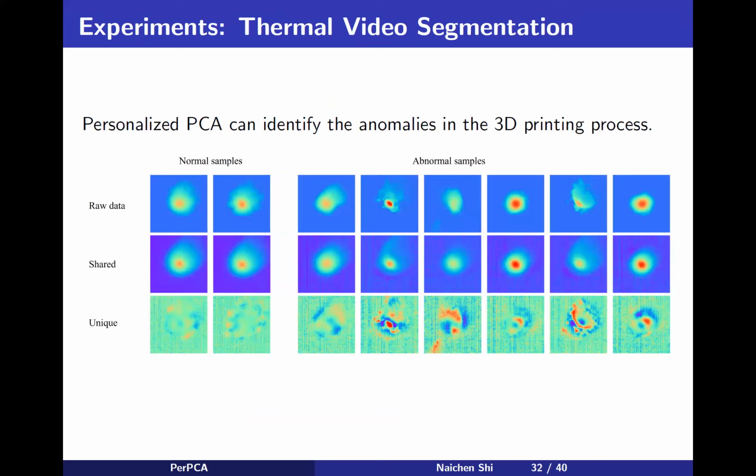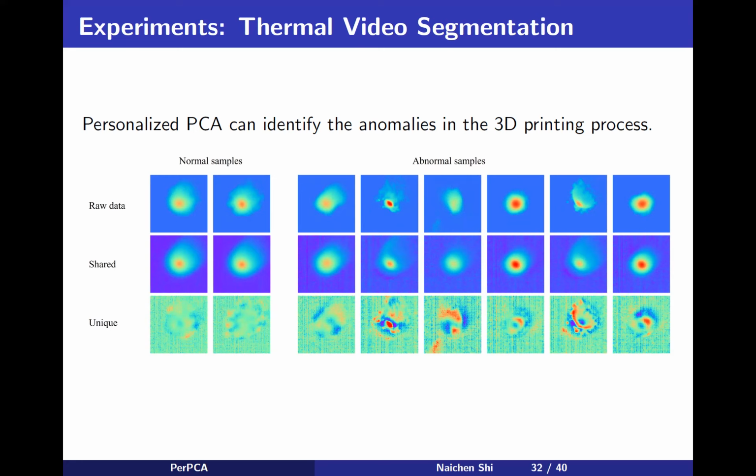This application on video segmentation has implications in additive manufacturing, where we use the personalized PCA to analyze the thermal videos that we capture in the laser-based additive manufacturing process.